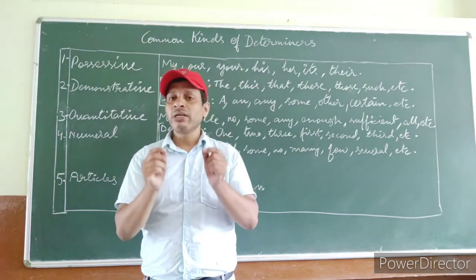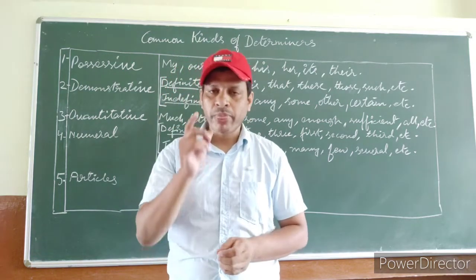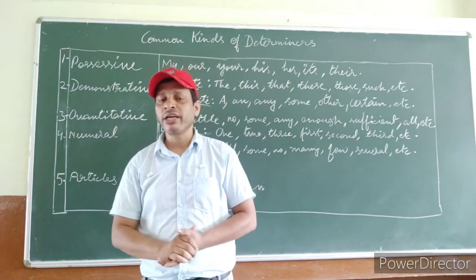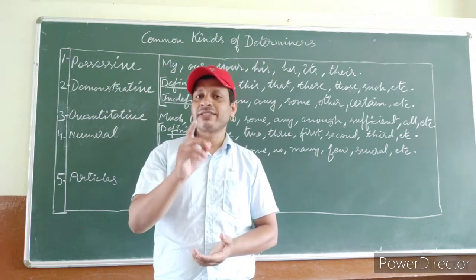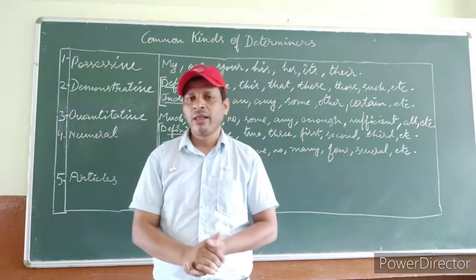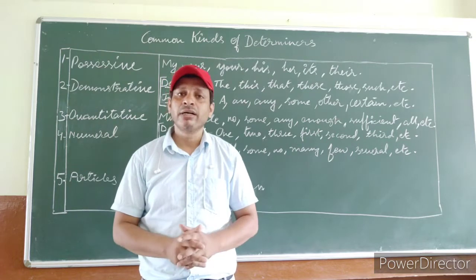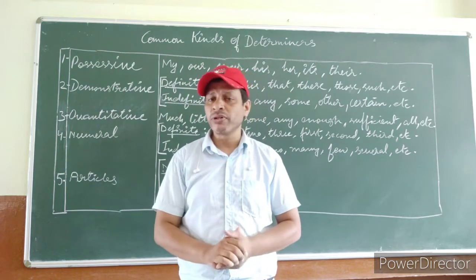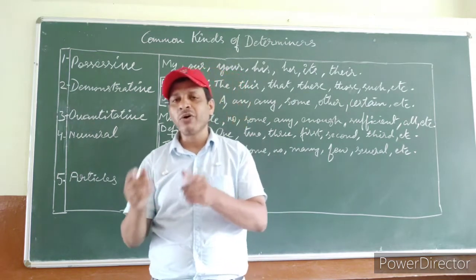The 21 consonant letters in the English alphabet are B, C, D, F, G, H, J, K, L, M, N, P, Q, R, S, T, V, W, X, Y, and Z. For example, a boy, a man, a ground, a classroom. And article an is used before the words that start with vowels. What are vowels? A, E, I, O, U.